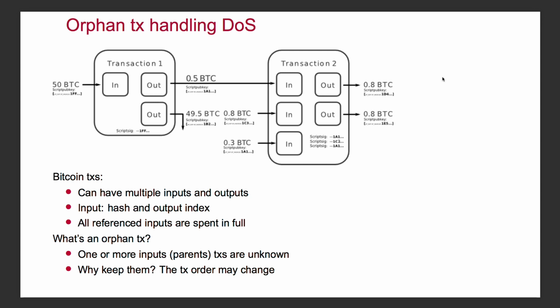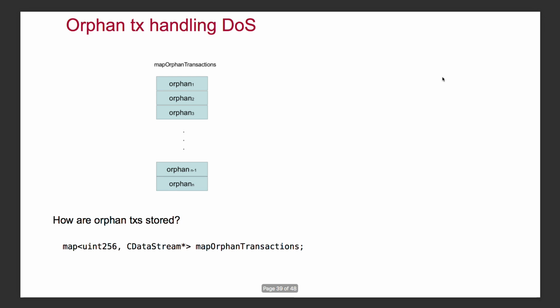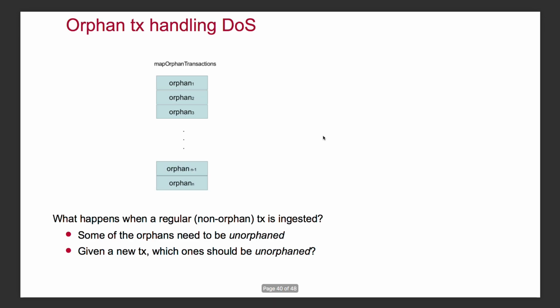Bitcoin has to keep these because this is a peer-to-peer network, and the order of transactions is not guaranteed. So how does Bitcoin handle these transactions? First of all, there is an orphan transaction map, which maps hashes of transactions into transactions themselves. That's reasonable.